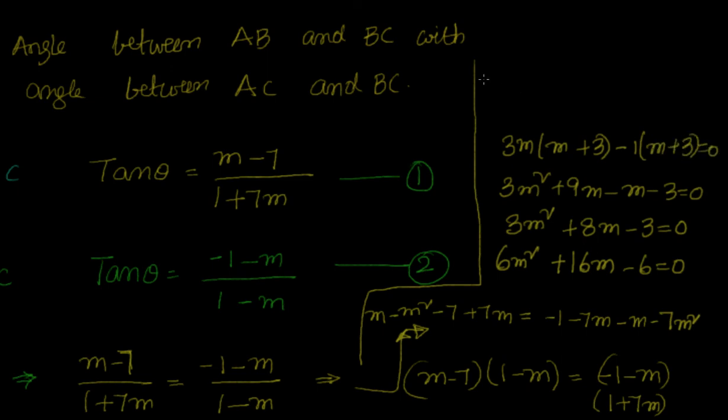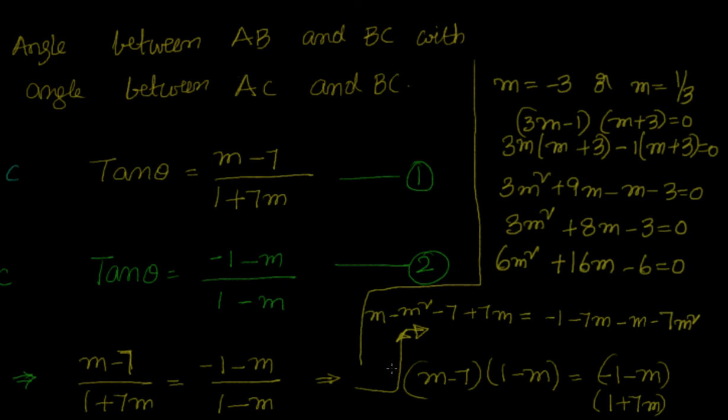That gives me m equal to minus 3 or m equal to 1 by 3, because the next step will be (3m minus 1) into (m plus 3) equal to 0, so 3m minus 1 equal to 0, m is 1 by 3, m plus 3 equal to 0, m equal to minus 3.